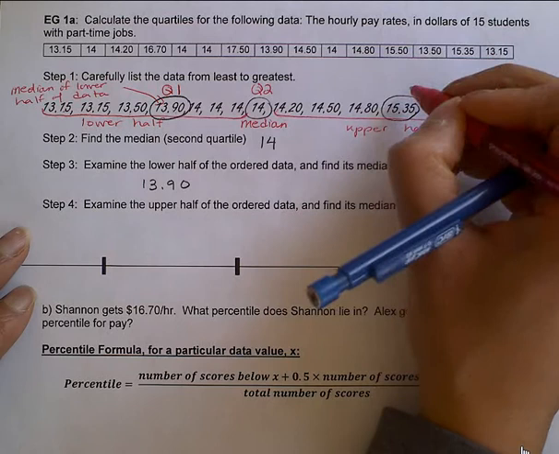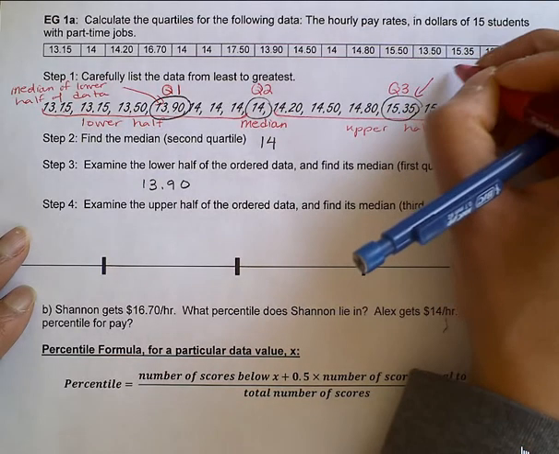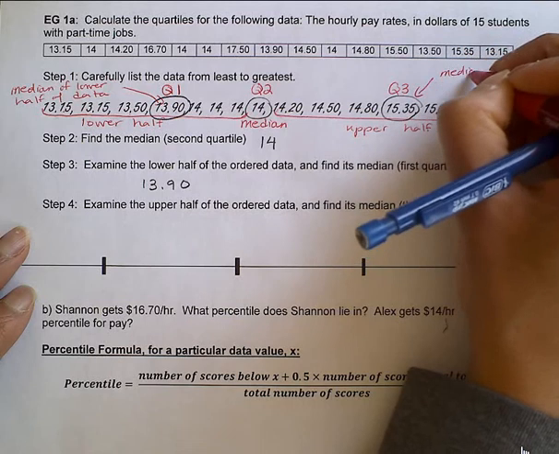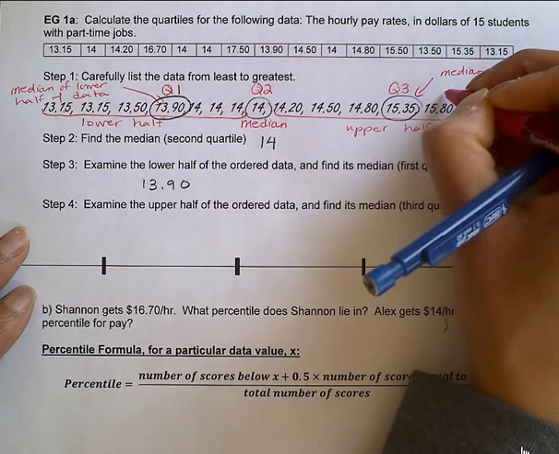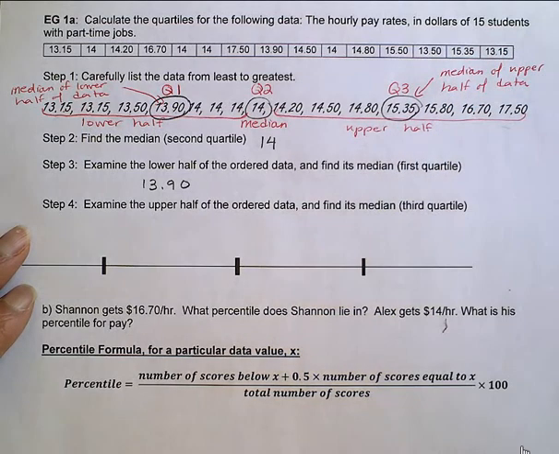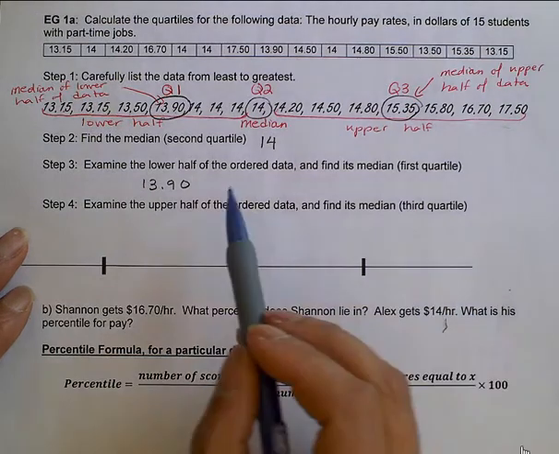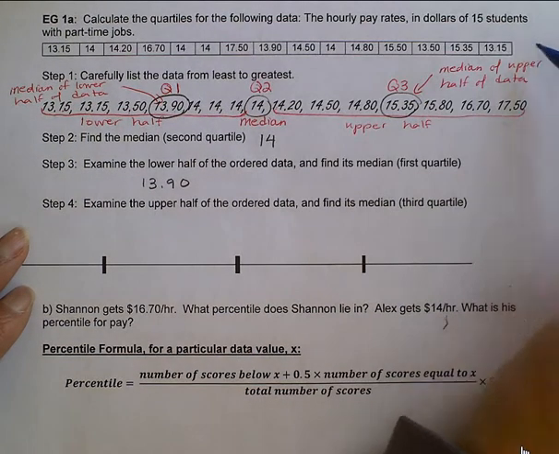So this is quartile 3. And again, that was found because it's the median of the upper half of the data. And once again, you must work with the ordered list. You cannot work with this list where the numbers are not in order.